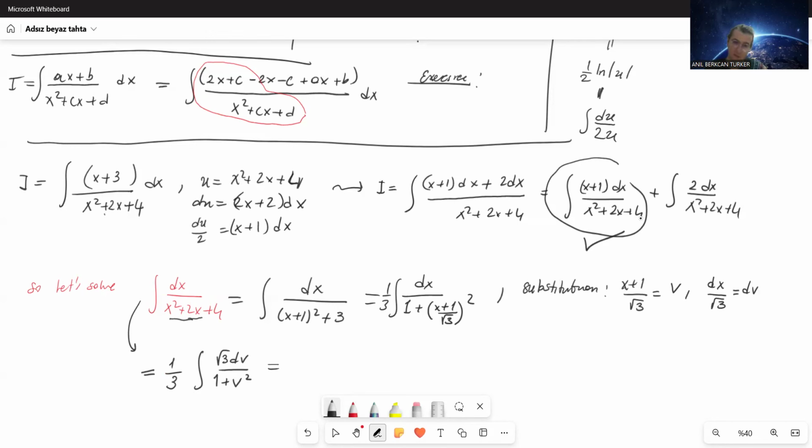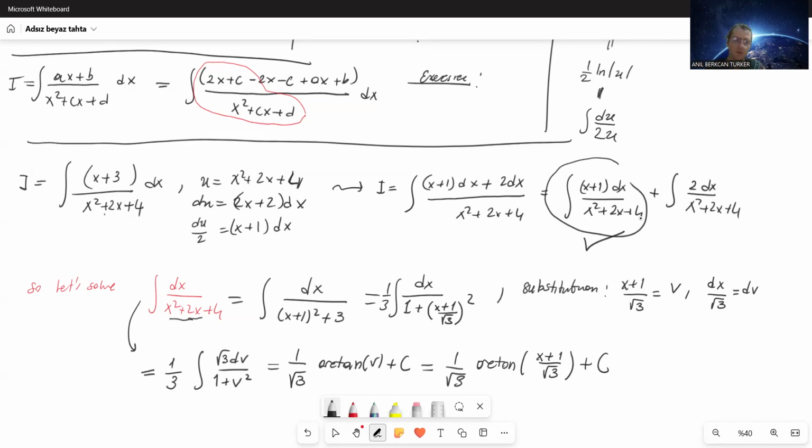So it is like 1 over square root of 3 arctangent v plus c, some constant, which is equal to, let me put back the original variable, because the original question is asked on the variable x. So it is 1 over square root of 3 arctangent of v, which is x plus 1 over square root of 3, plus some constant.